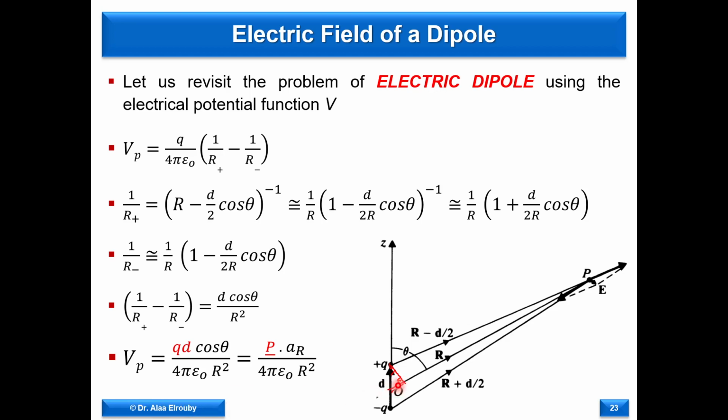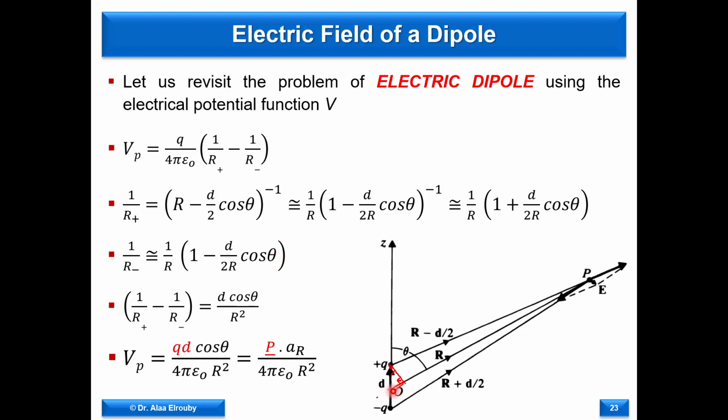So cosine of this angle to the minus 1. We can use Taylor series expansion to write it this way. This is the first order approximation; we consider just two terms of the Taylor expansion. In the same way, 1 over r minus will equal this expression.